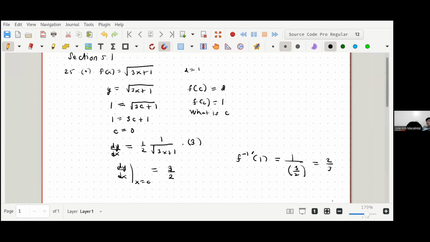So here, what we used was the theorem, that we don't actually have to evaluate the inverse. Sometimes it's hard to get the inverse function and then get the derivative of the inverse function.